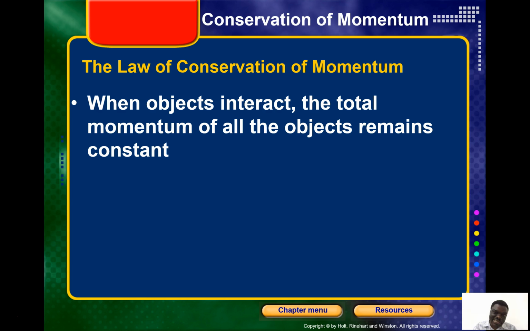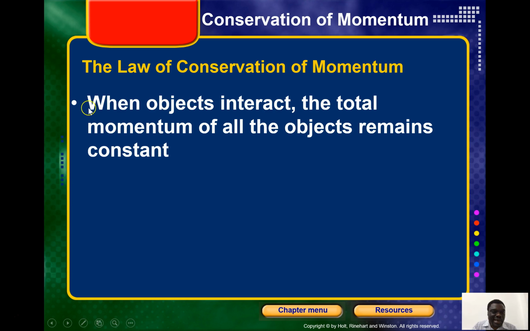Conservation of momentum says total momentum remains constant. The only difference is that momentum is a vector quantity. So when you consider momentum before and after, think about direction. Choose one direction positive, and the other direction must be negative.